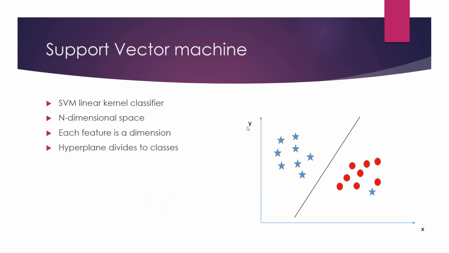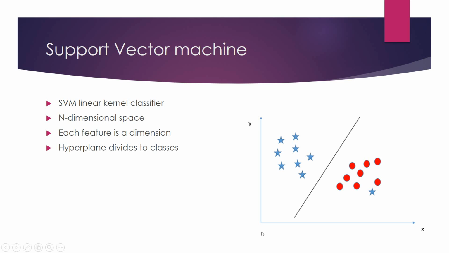The support vector machine classifier considers the features in the feature vector as an n-dimensional space, where n is the number of features in the feature vector. So each feature is considered as a dimension. Suppose there are two features x and y.